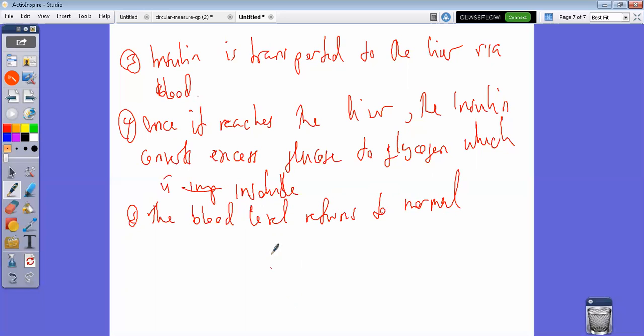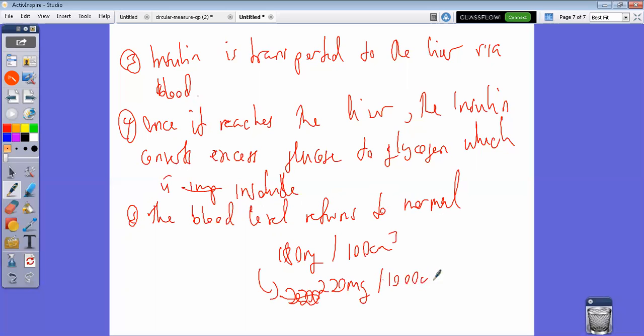So let's say, don't write this, 120 milligrams per 100 cubic centimeters. I just want to illustrate this. If the glucose level has gone up to 220, which is not healthy for it to stay long, it can cause damage to the brain cells. So immediately insulin is secreted. What's the excess here? It's 40 milligrams.